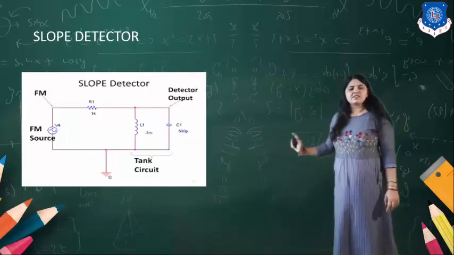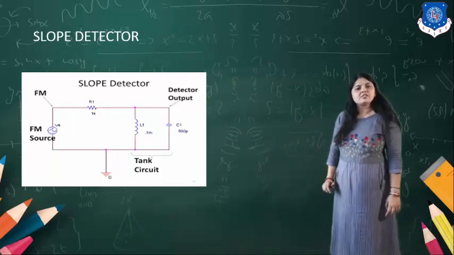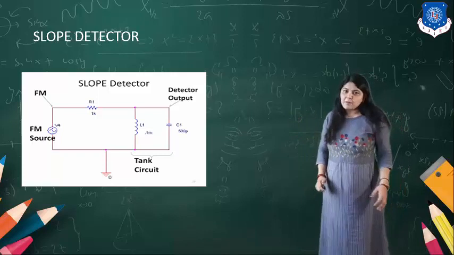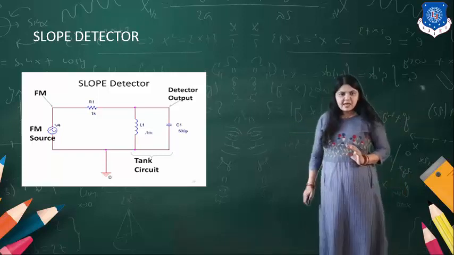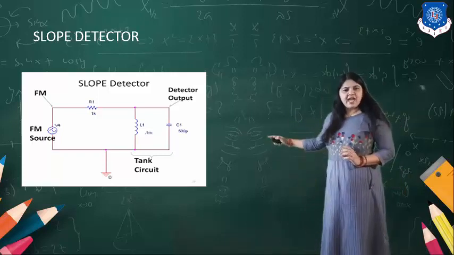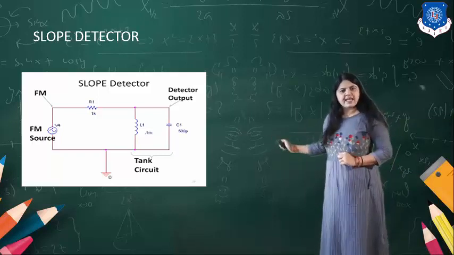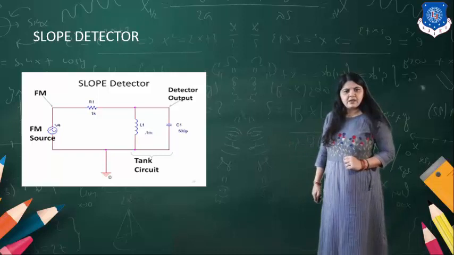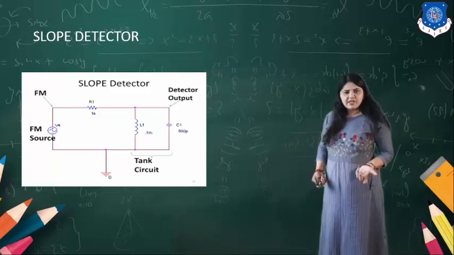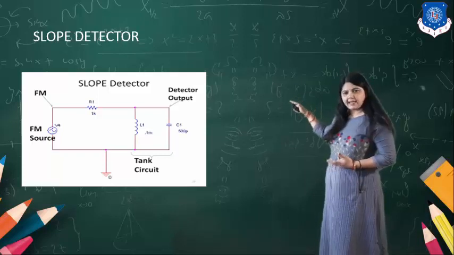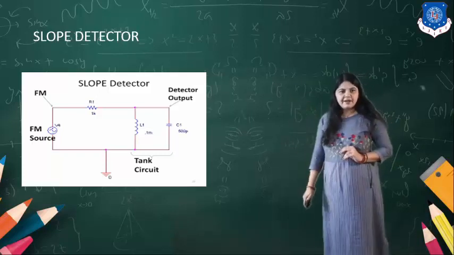Now this is the diagram of the slope detector. You can see the FM source by which the FM signal is applied. We have a parallel tank circuit, the tuned circuit with the LC components, and the detector output is collected at the other end.